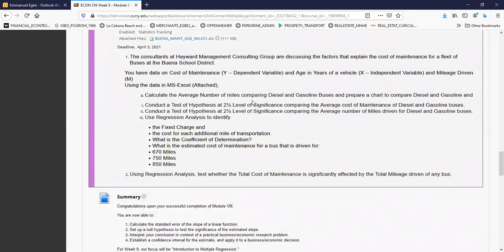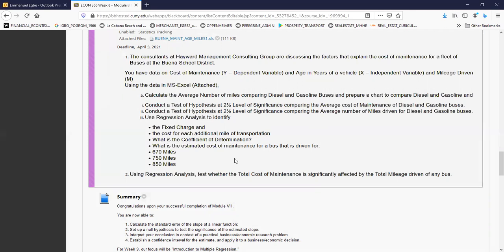Yes. Okay, so it is this one. What is the estimated cost of maintenance for a bus that is driven for 6? This question. Okay. Can we make an example at least of one of these 670 miles?